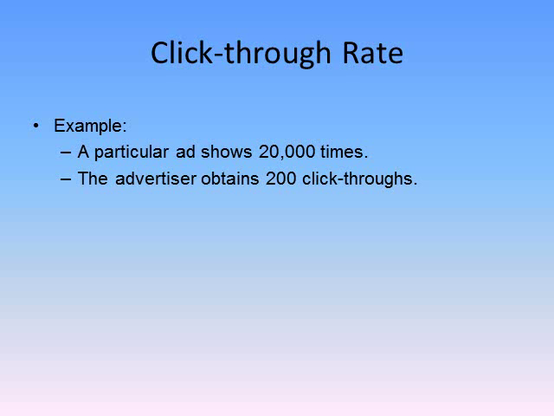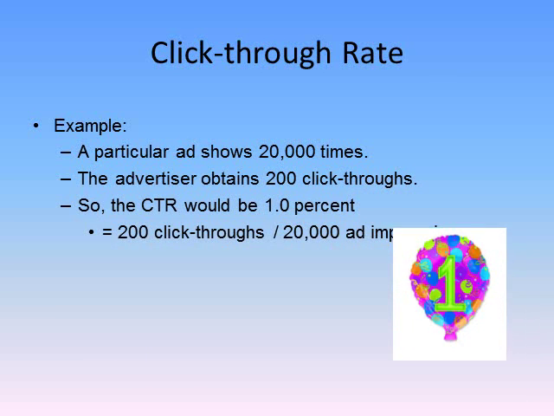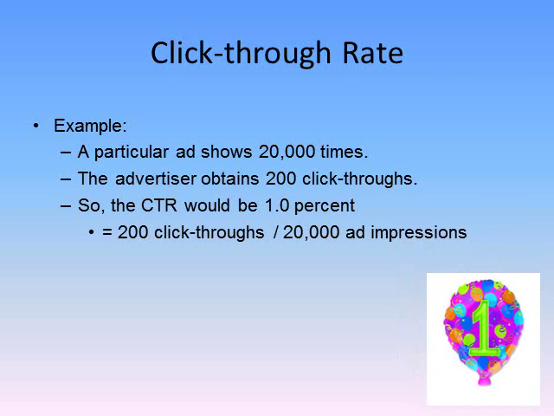What's the click-through rate? You can do that in your heads, can't you? The click-through rate would be 1%. That's 200 click-throughs divided by 20,000 ad impressions. So the whole concept of click-through rate is fairly easy to understand, right? Now let's go on and talk about conversion rate.